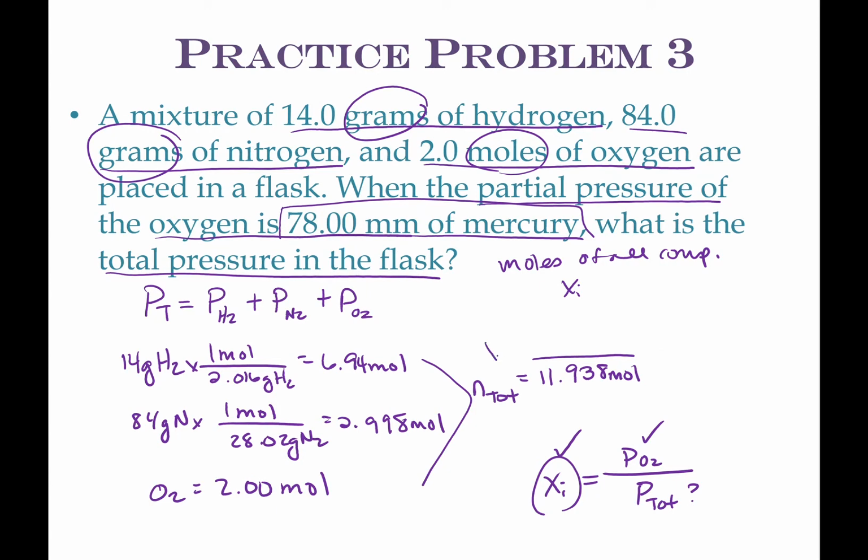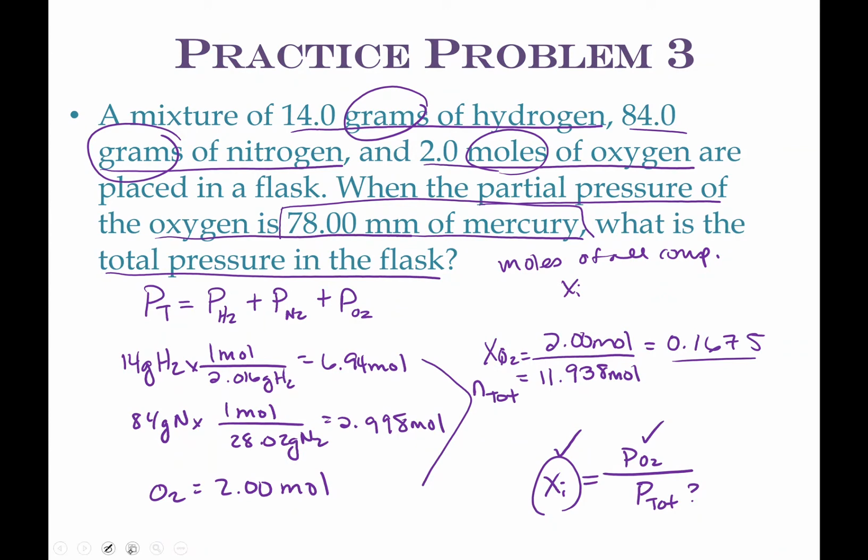So this is going to be Xi, or XO2, is going to be 2 moles divided by the total. So 2 divided by 11.938 is 0.1675. And remember, this is unitless.